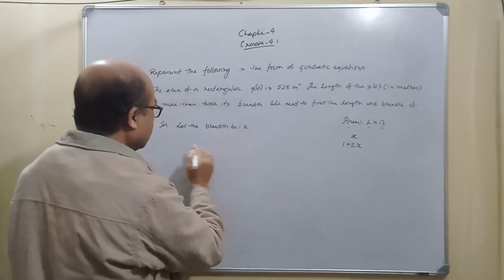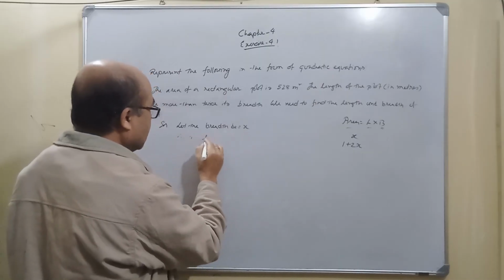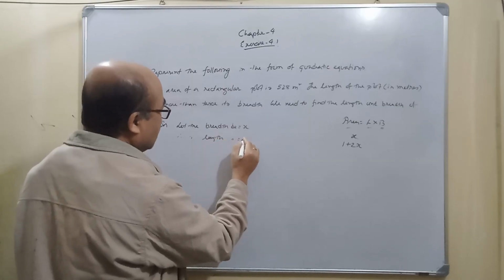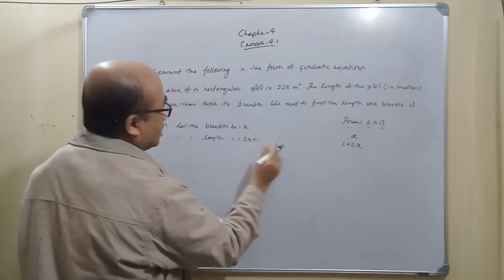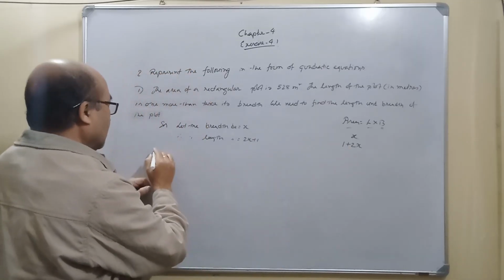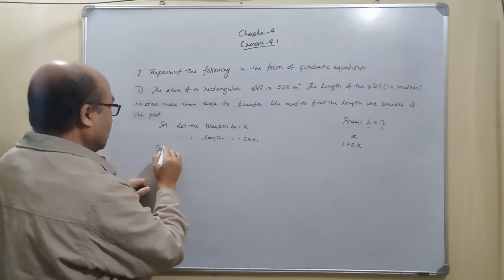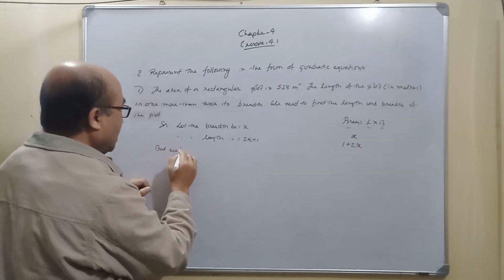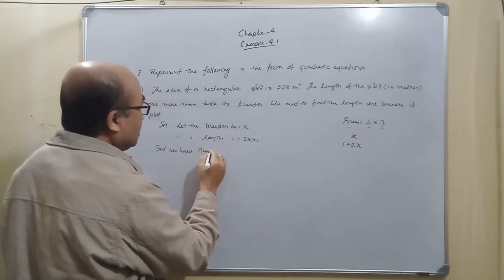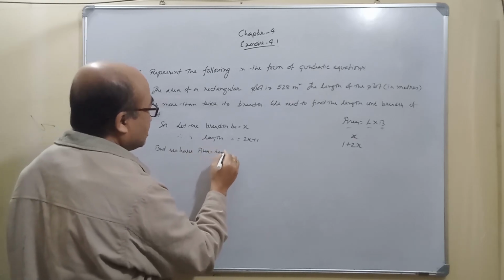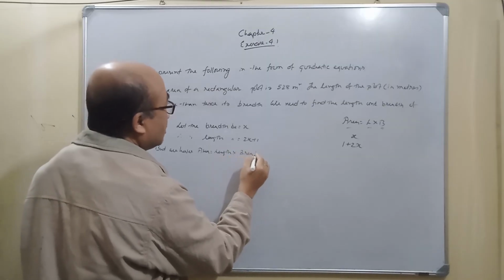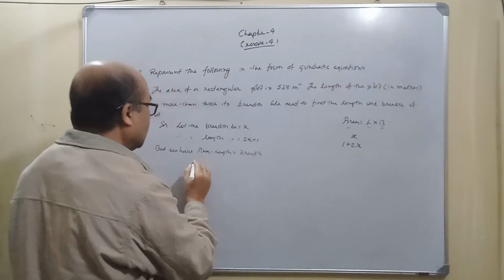Let the breadth be x, hence the length will be 2x plus 1, or 1 plus 2x, same thing. But we have area is length into breadth.